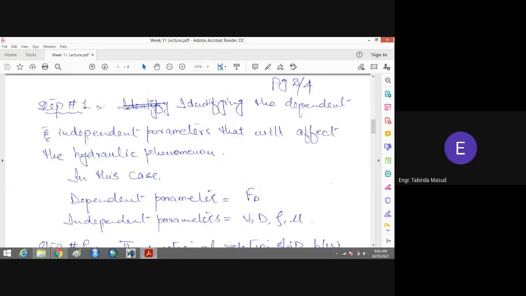Number 1, the velocity of the sphere, because drag force will depend upon it. Then the diameter of the sphere which is moving in the fluid, which is the size of the sphere, and the density of the fluid and the dynamic viscosity of the fluid. So these are the 4 parameters on which drag force can depend.